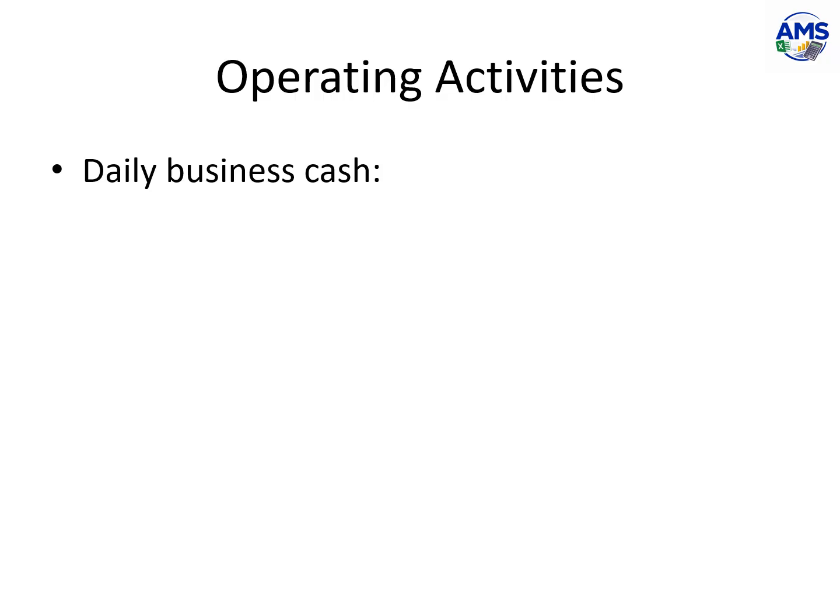We start with the operating activities. Operating activities is the heartbeat of your business. This is the most important section. This shows cash from your daily business activities like sales from customers, payments to suppliers, payments of salaries.